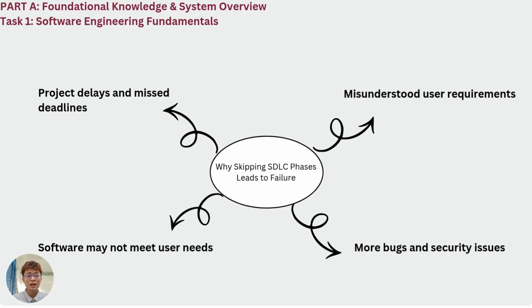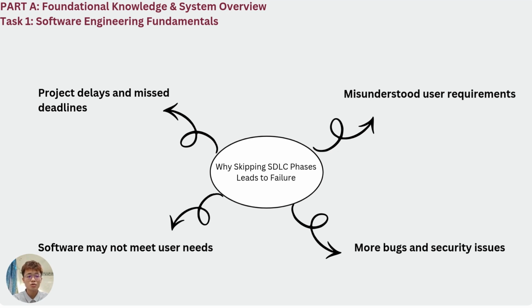Skipping any phase of the SDLC can greatly increase the risk of a software project failing, because every phase has an important purpose. For example, if the requirements phase is skipped, developers may misunderstand what the users actually need and build the wrong features. Skipping the design phase can result in a poorly structured system, while skipping testing may leave bugs and security issues undiscovered.